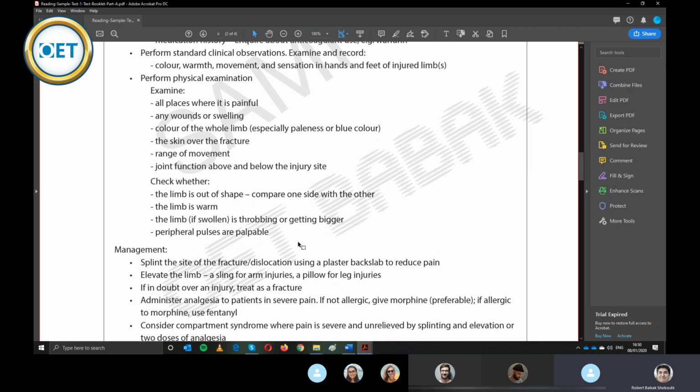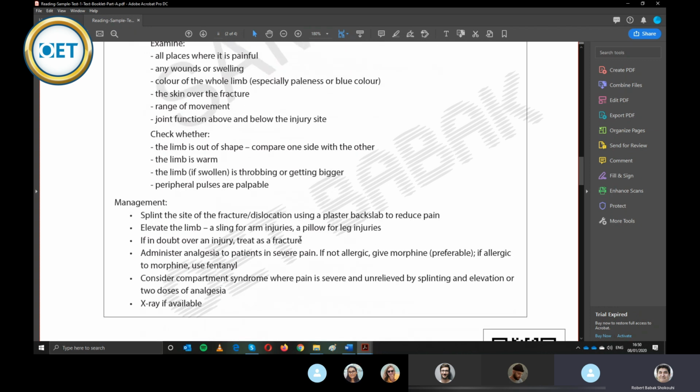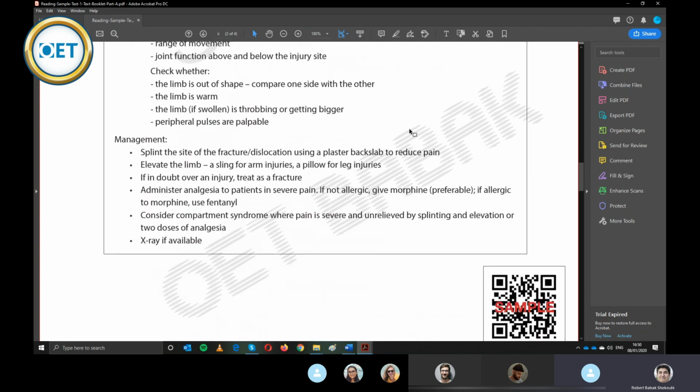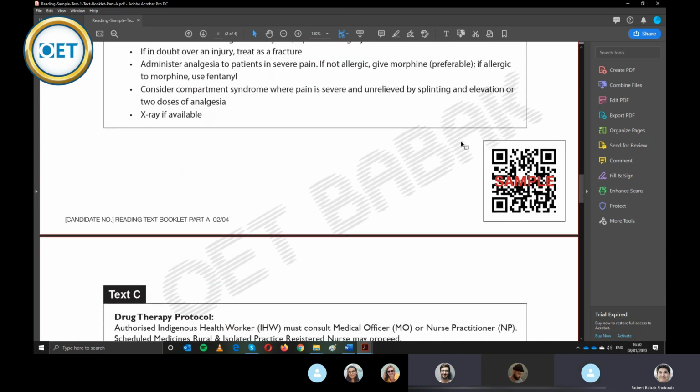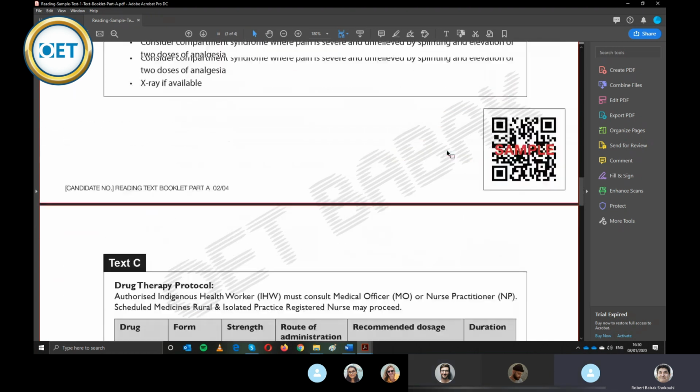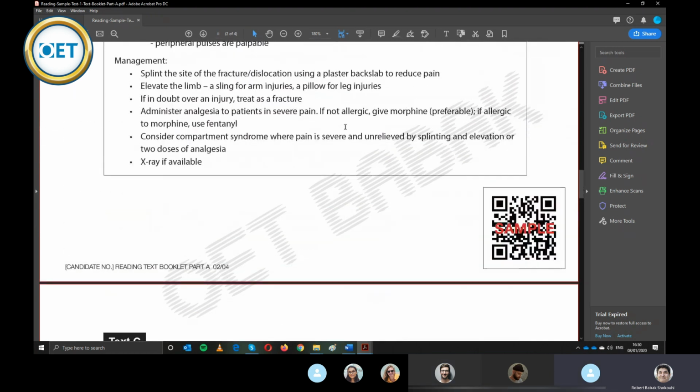A quick look is skimming, and then we did scanning. For example, I looked for getting bigger and found throbbing. Then for allergic to morphine, I looked for allergic, which is here, and I found fentanyl.